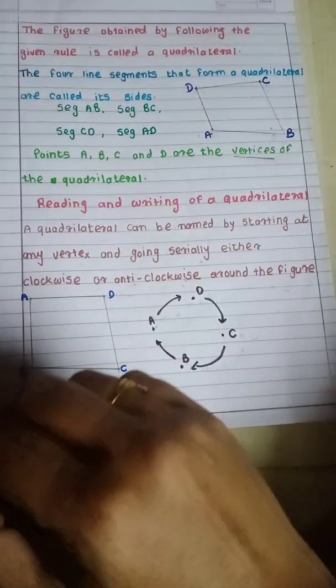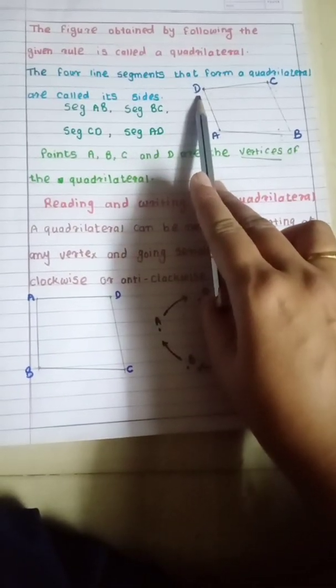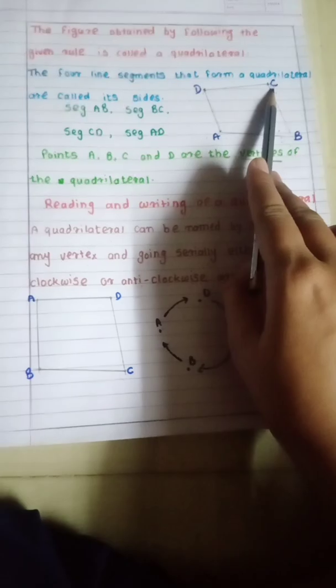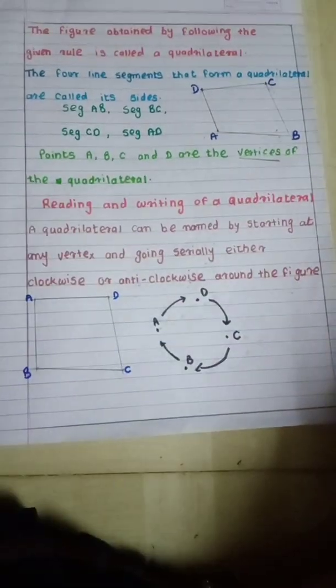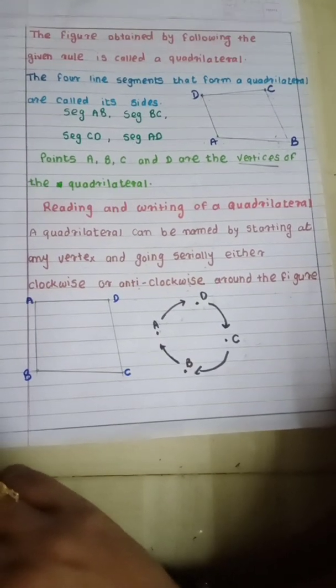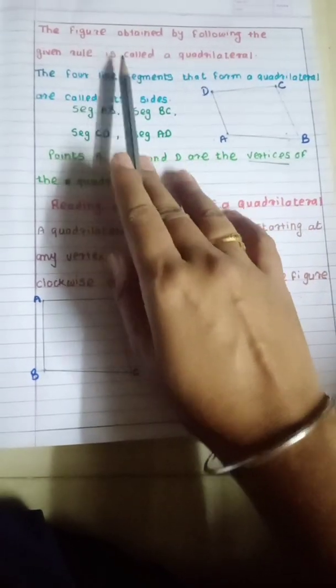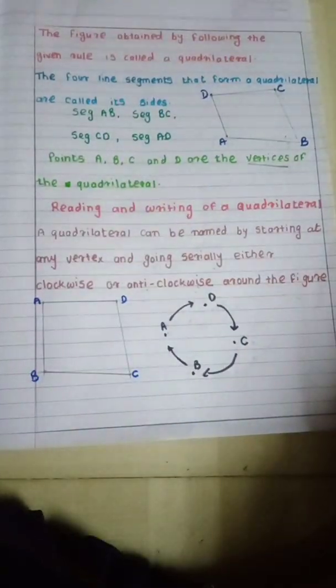That 3 points should be non-collinear, like points A, D, B, and when we join these 4 points, it should make a closed figure.